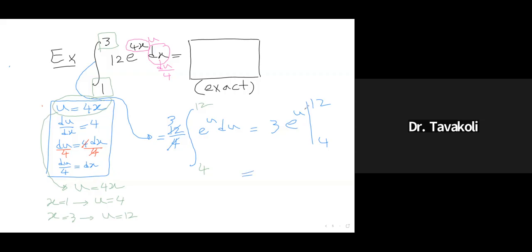The evaluation of this function at 12 is 3 e to the power of 12, minus the evaluation at 4, 3 e to the power of 4. And that's the exact value of this integral. So the value that we need to type in here is 3e to the 12 minus 3e to the 4.